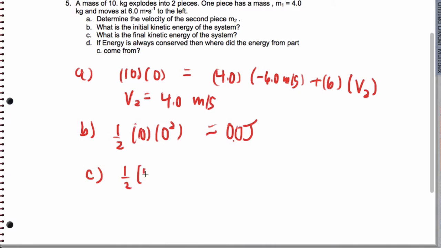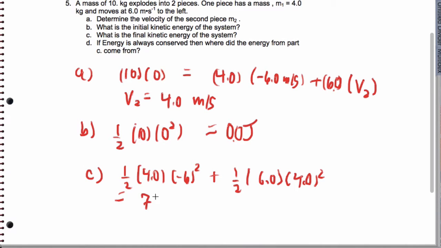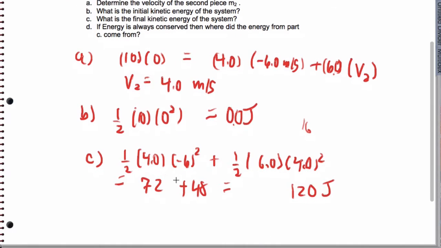So we're going to have 1/2 times 4.0 times negative 6 squared plus 1/2 times 6.0 times 4.0 squared. So continuing this here, we're going to get 72 plus 3 times 16, which is going to be 48. So we're going to end up getting a total of 120 joules of energy in part C.